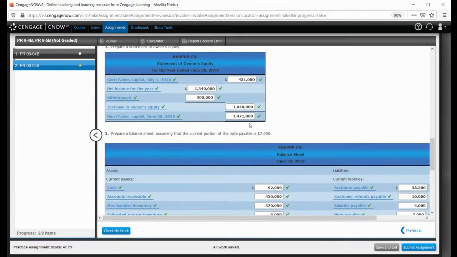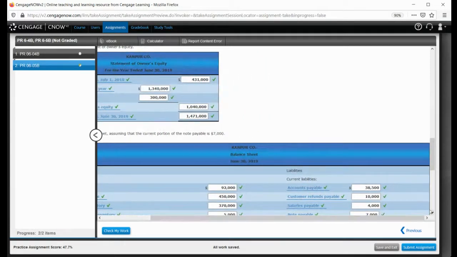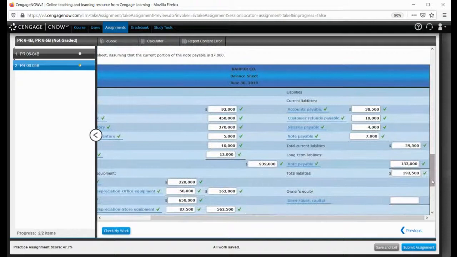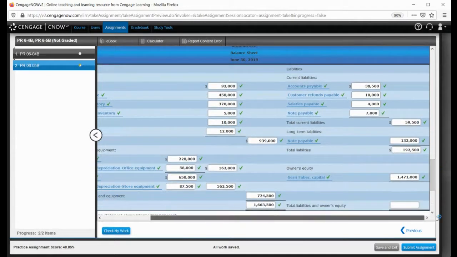Your statement of owner's equity was $1,471,000. That was the ending amount of owner's equity, and that's what goes here. And the last portion of the balance sheet is to add the total of the liabilities to the total of the ending owner's equity, and that should give you the total liabilities and owner's equity.